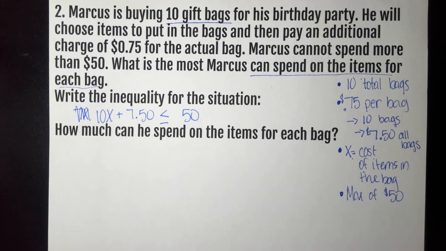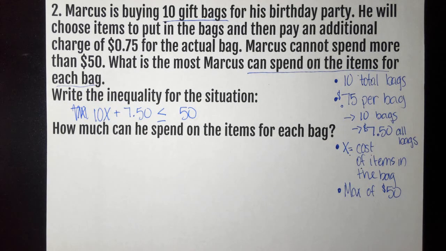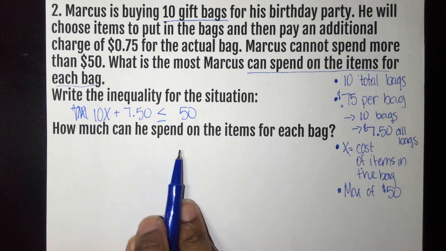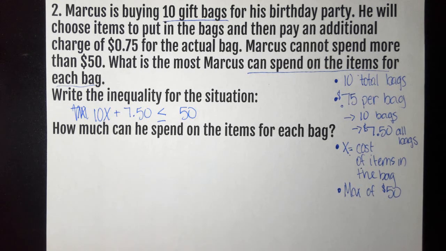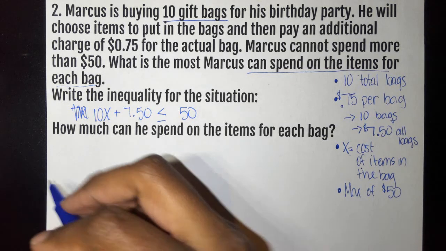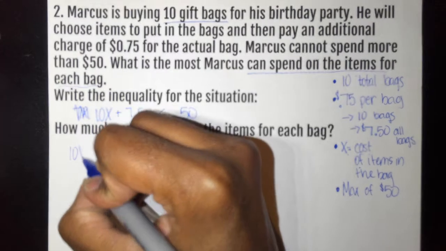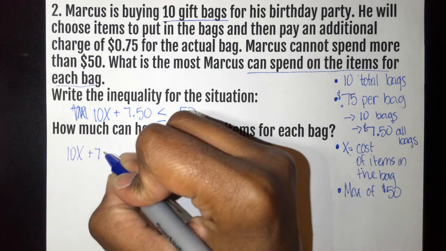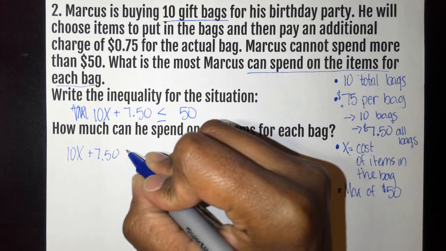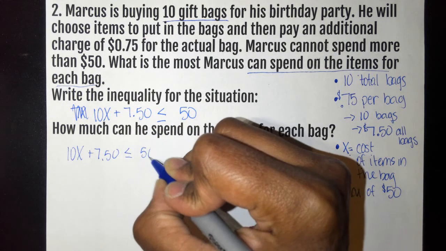So let's talk about how we can solve for the answer. The question is asking how much can he spend on each item in the bag. So we've got our equation, 10x plus $7.50 is less than or equal to $50.